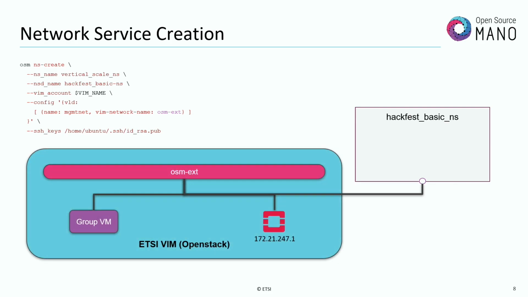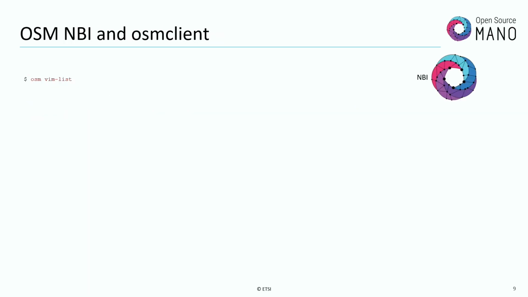So the way it works is when we do this NS create, the OSM instance will launch the VM over here in OpenStack with the parameters that we talked about earlier from the VNFD, and it is also going to use this SSH key. So when the VM gets created, it's going to tell OpenStack, as part of the configuration of this VM, please give it my public key so that when it's up, I can SSH directly to it using my private key.